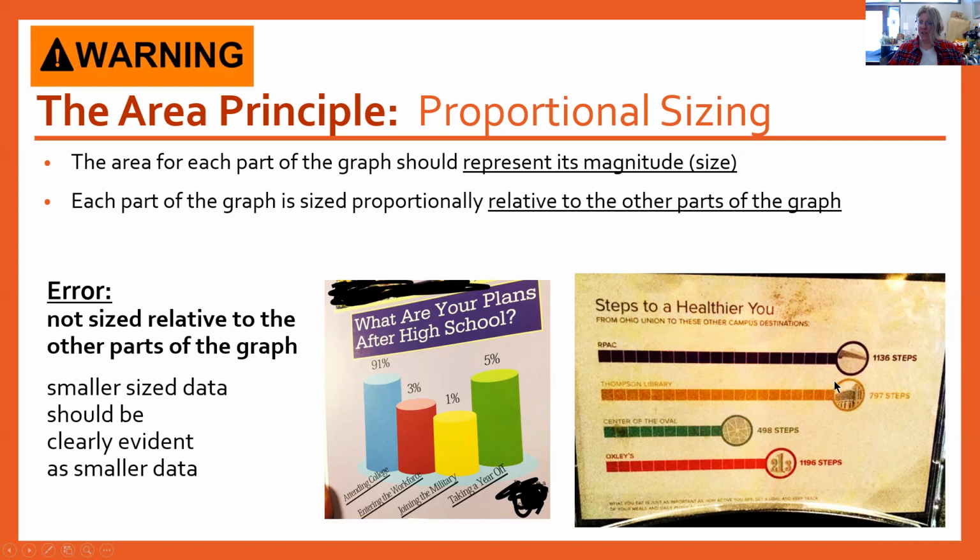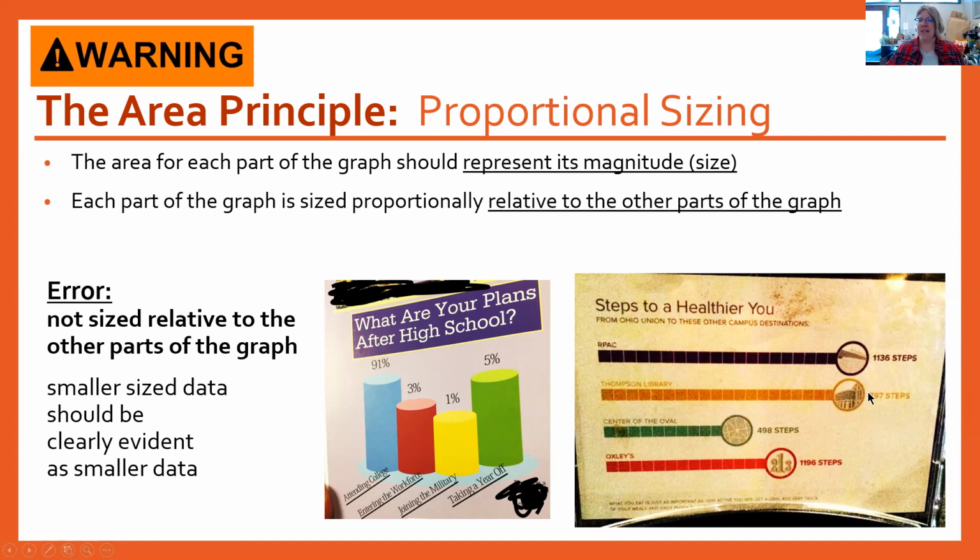If I just eyeball this, if I don't read any of the numbers, it looks to me like this second line that goes to Thompson Library is almost as long as the first one. If I was guessing, I'd say maybe it's about 1,000 steps to Thompson Library. Now, if we look at the number, we'll see that it's 797 steps.